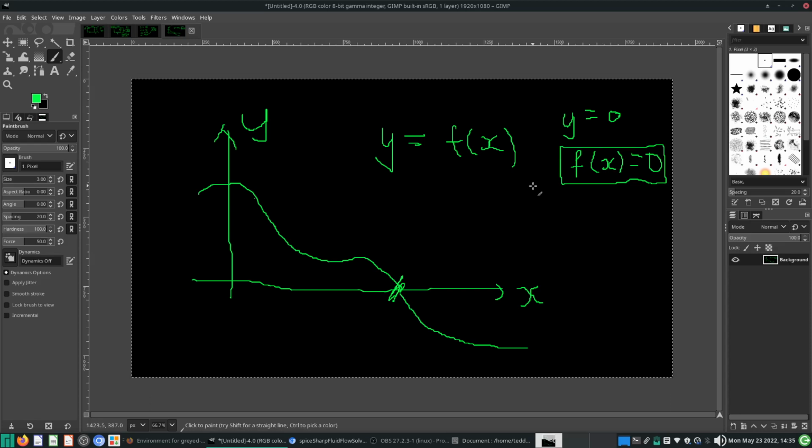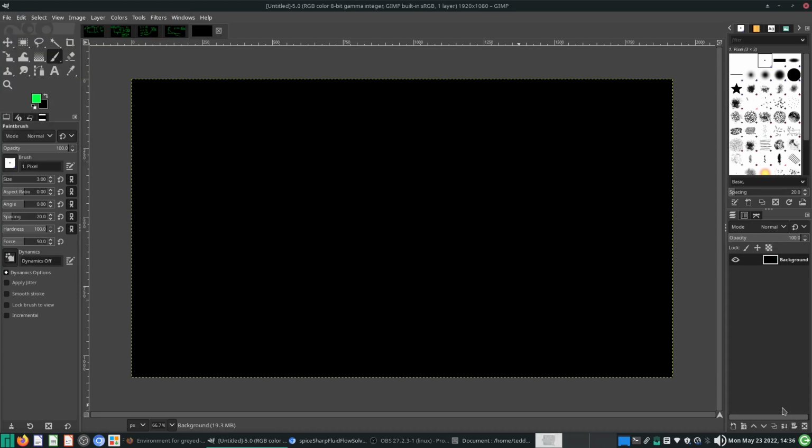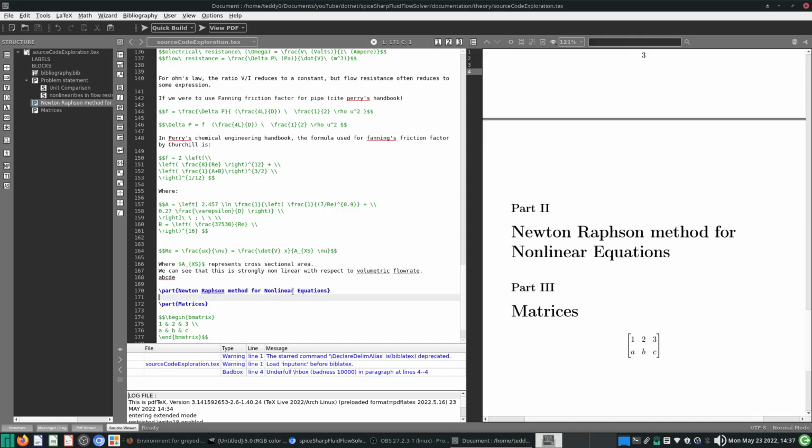So the Newton Raphson method actually takes advantage of derivatives. At the end of the day, we want to solve for this.